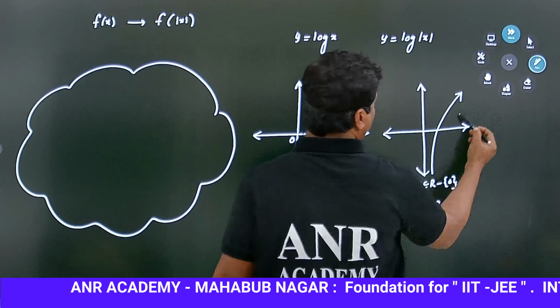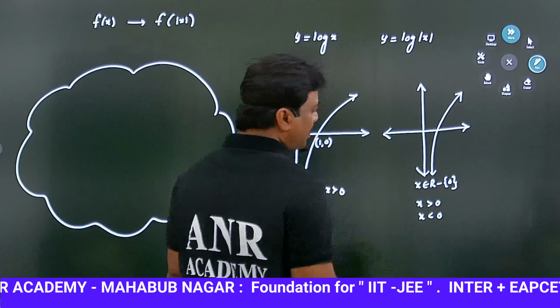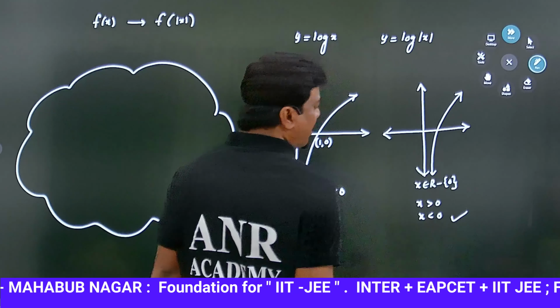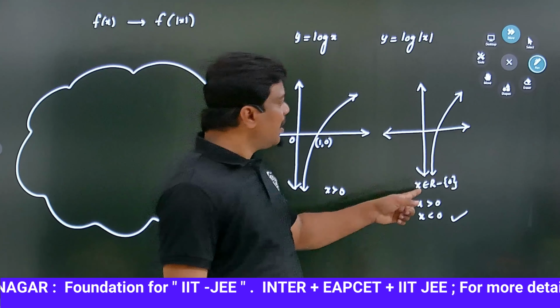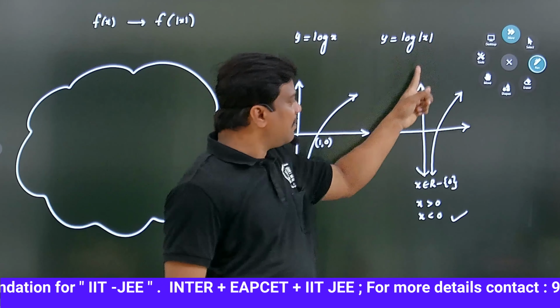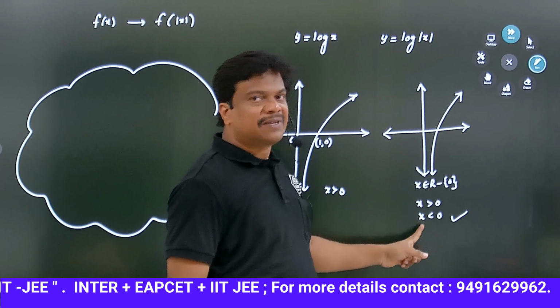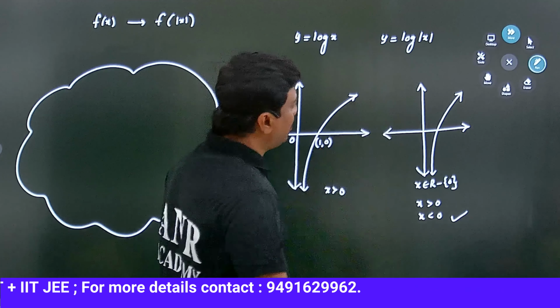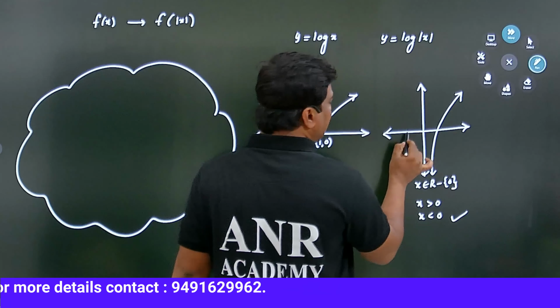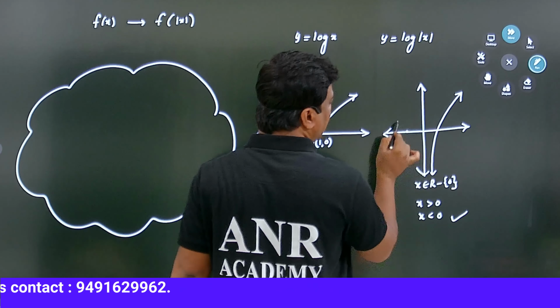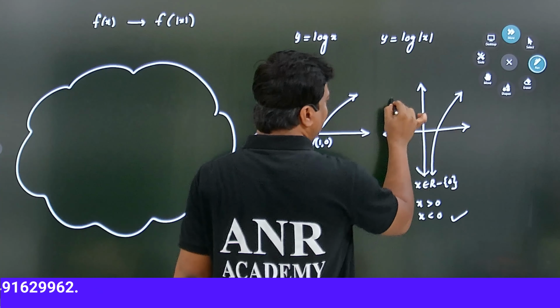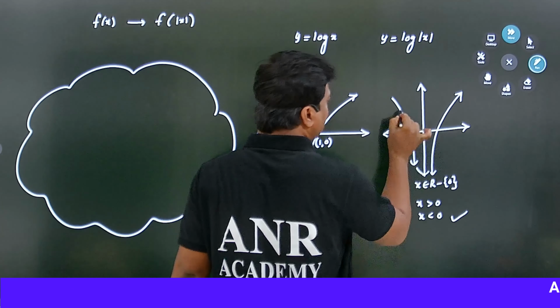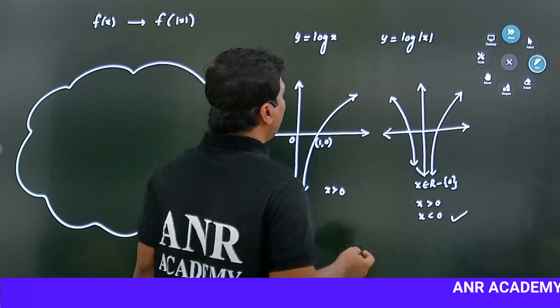This is the graph for positive values of x. The same graph you will get for negative values of x. Why? Because if you write x equal to 1, here log 1 is 0. If you write minus 1, modulus of minus 1 is again 1. So for minus 1 it is again log 1, which is 0 here. So the same graph you will get on the left side.